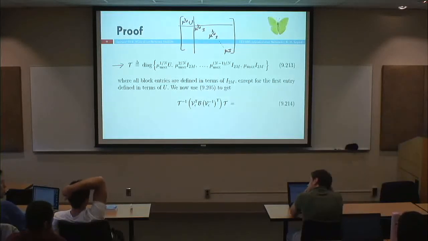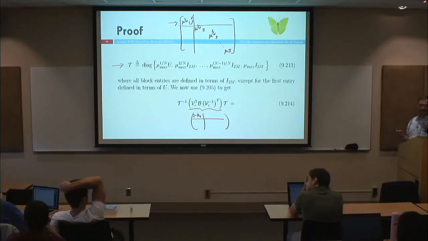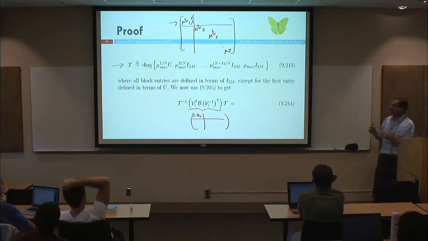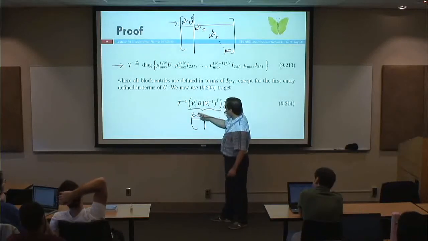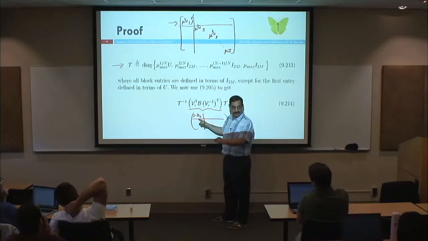If you do this, because I put the U here, remember that the leading block here was I minus D11. Because of this, this will be diagonalized and replaced by lambda. When you multiply by T from one side, T inverse from the other, this block will be multiplied by U star from left and right.